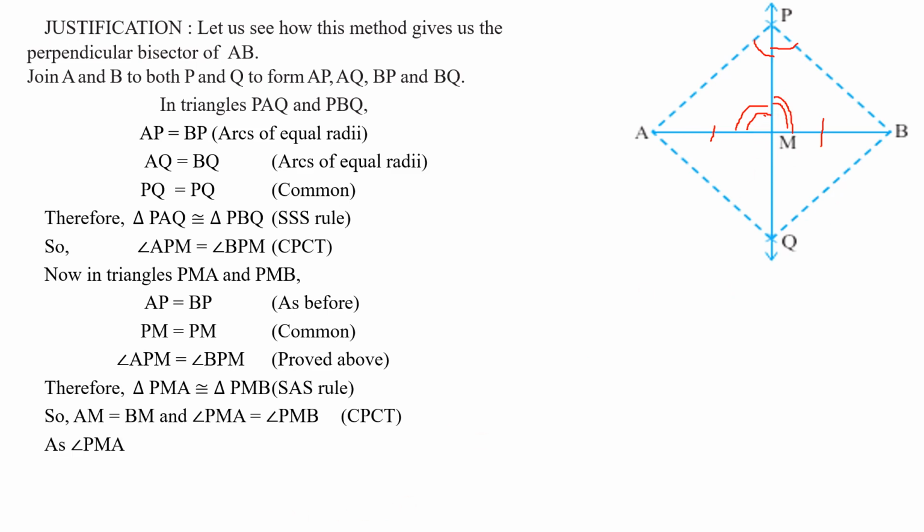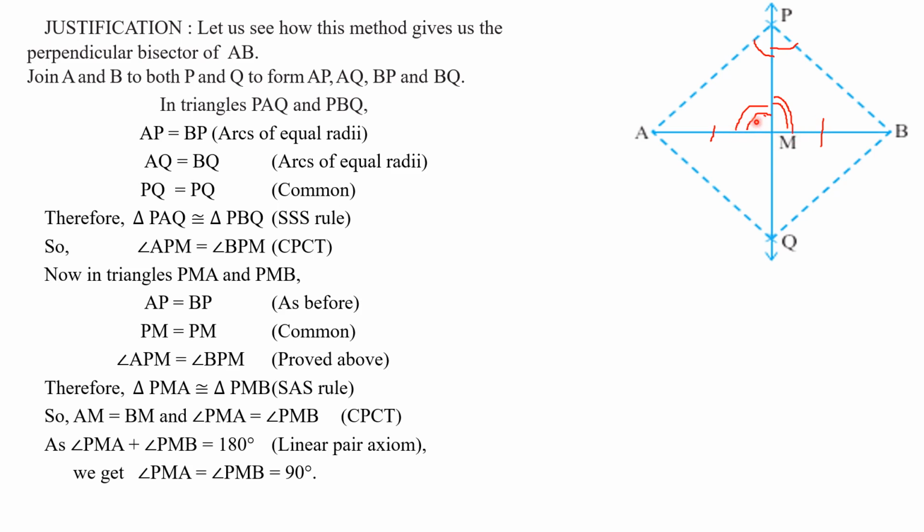Angle PMA plus angle PMB is equal to 180 degrees because they form a linear pair. So by the linear pair axiom, the sum of these two angles is 180 degrees. We get angle PMA is equal to angle PMB is equal to 90 degrees, because these two angles are equal and their sum is 180 degrees.